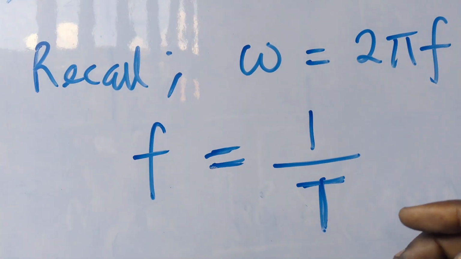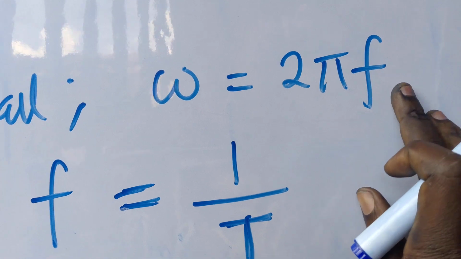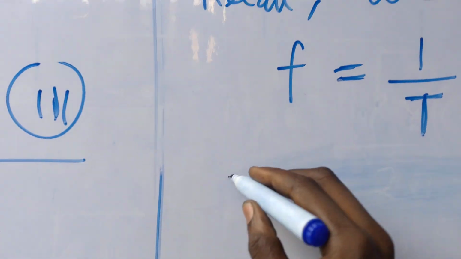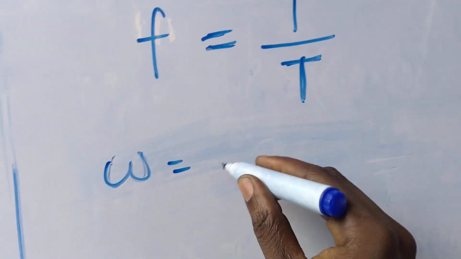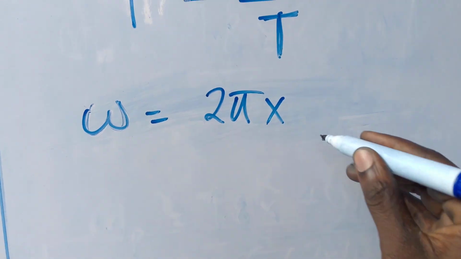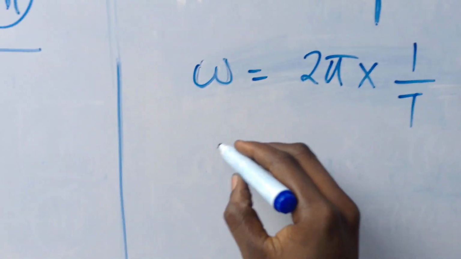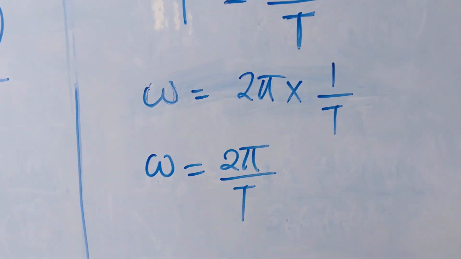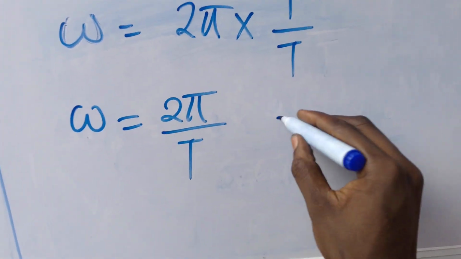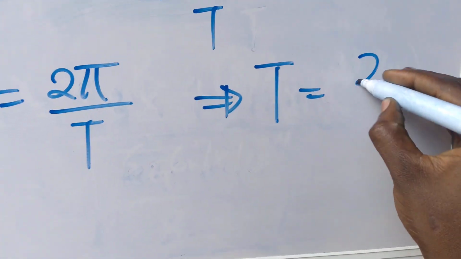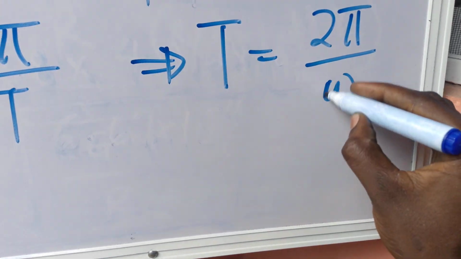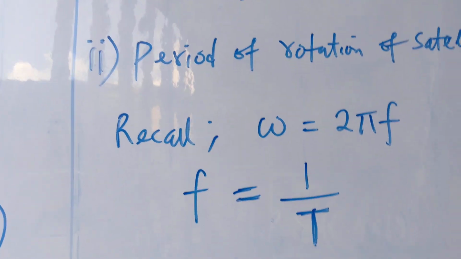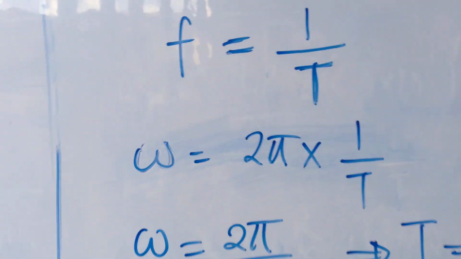So if I put this into this formula, omega is equal to 2 pi multiplied by 1 over T. So omega will be 2 pi over T. Make T the subject of the formula. By interchanging positions, I have that T is equal to 2 pi divided by omega. Take note, omega is 2 pi f, and frequency f is 1 over T.